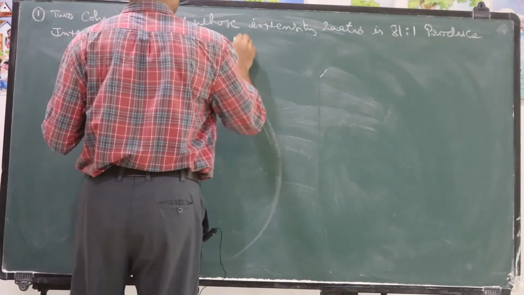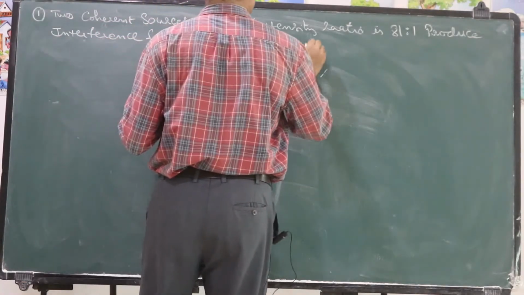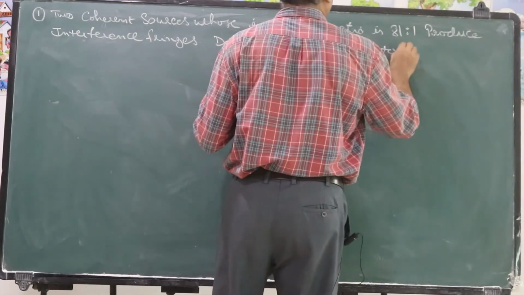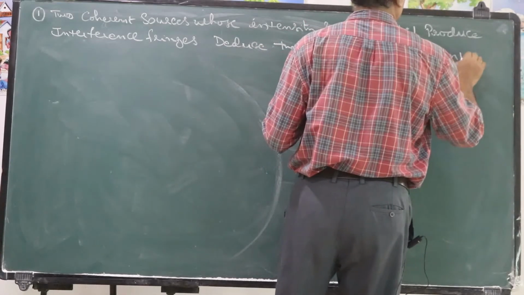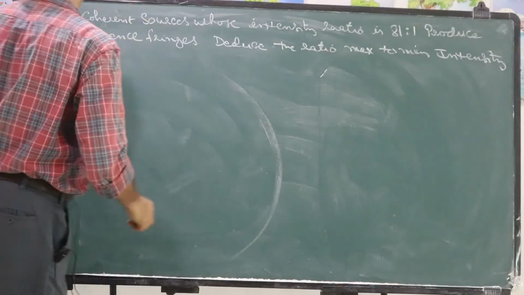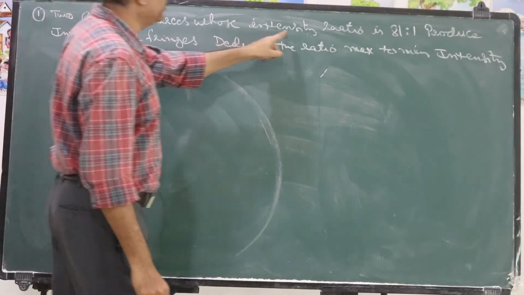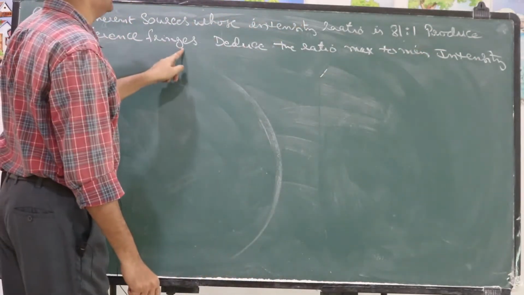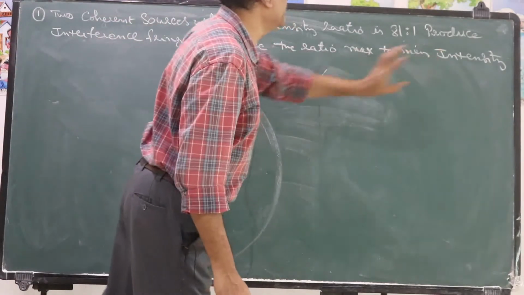Deduce the ratio of maximum to minimum intensity. So, two coherent sources whose intensity ratio is 81:1 produce interference fringes. Fringes means interference bands. Deduce the ratio of maximum to minimum intensity.